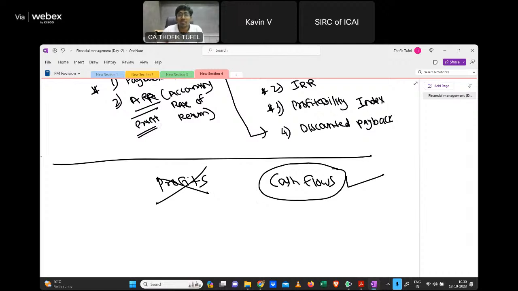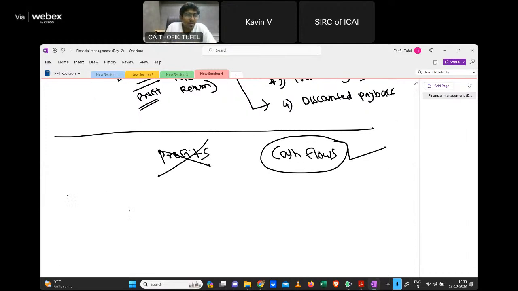It is an accounting topic, but they've forcefully included it here in financial management. In all other places, cash flows are used. So whenever any capital budgeting problem comes, one thing that should be in your mind is that we have to estimate the cash flows.